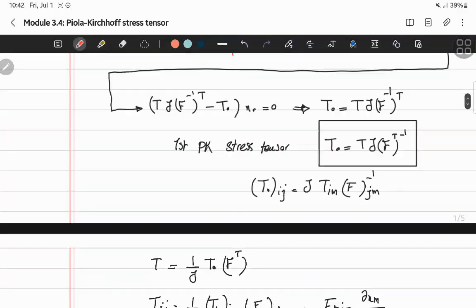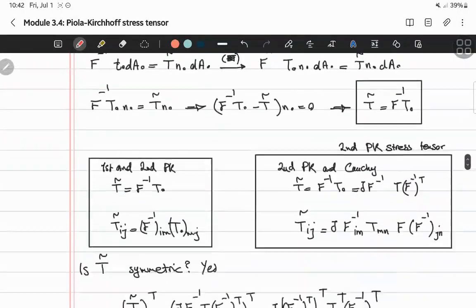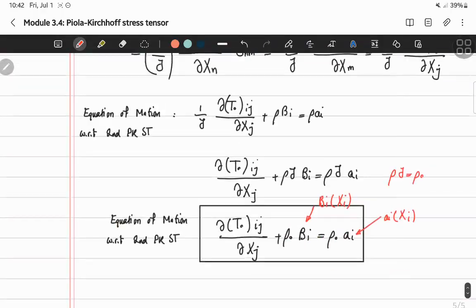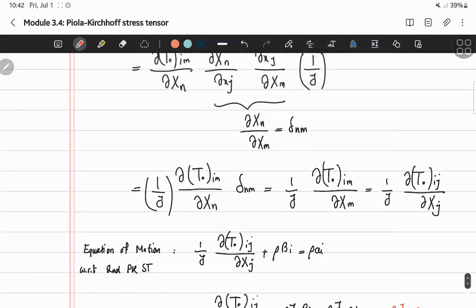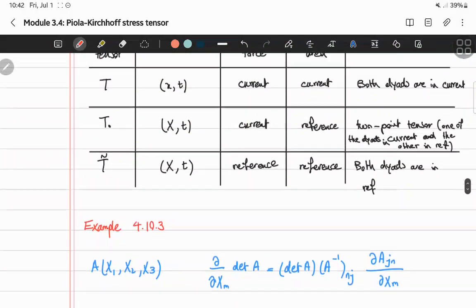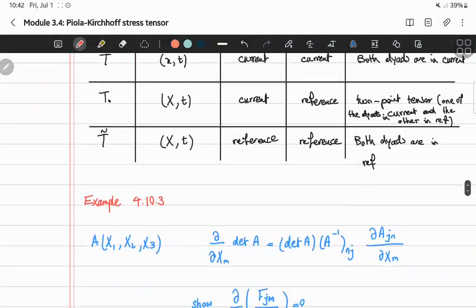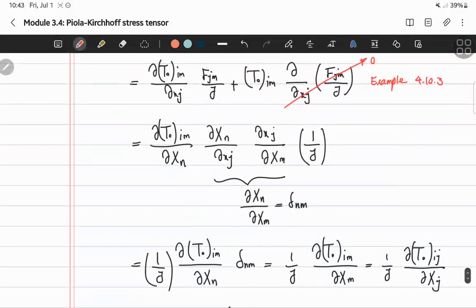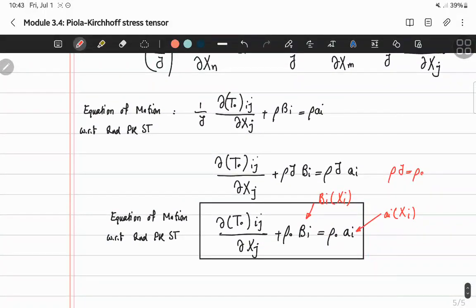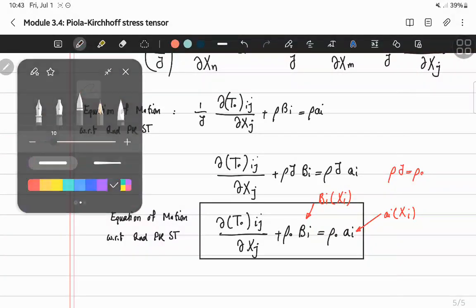However, for the Cauchy stress tensor, let me just write it down here.